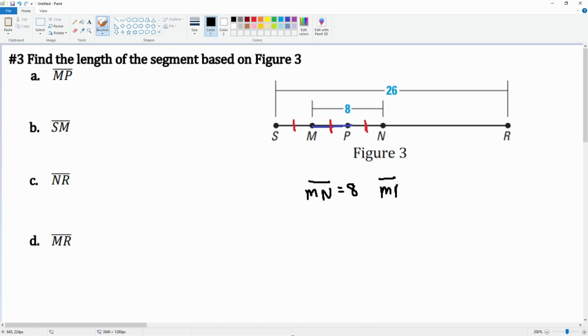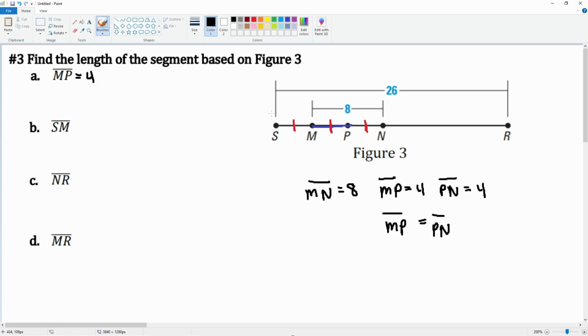So we can say line segment MP is 4, and also line segment PN is also 4, because again the dashes say that the line segments here are congruent. Okay, so we can say line segment MP is equal to the value of 4.